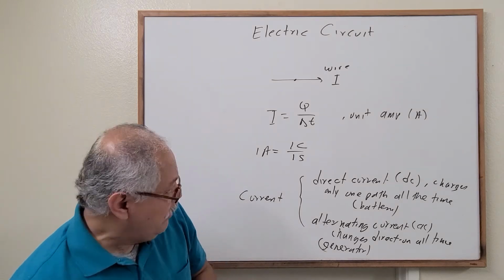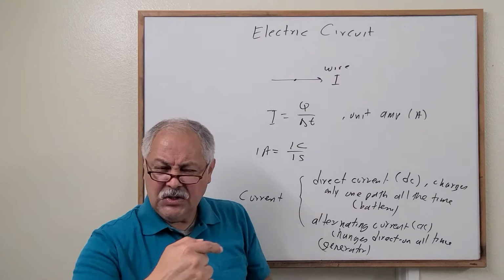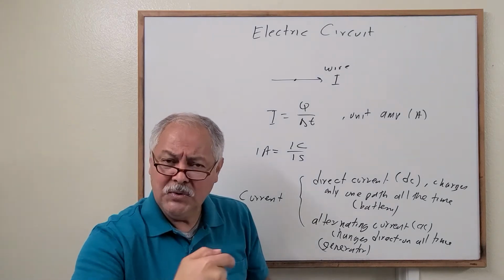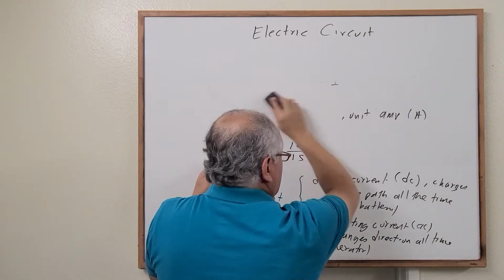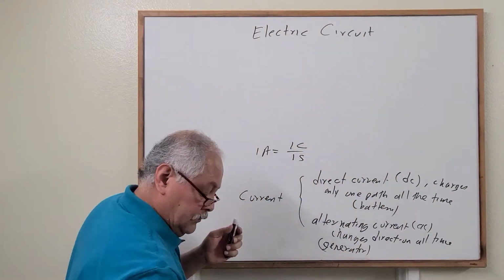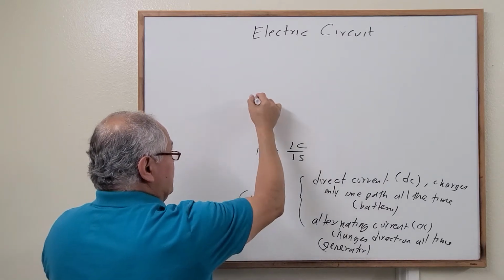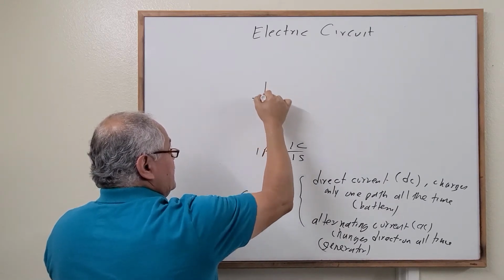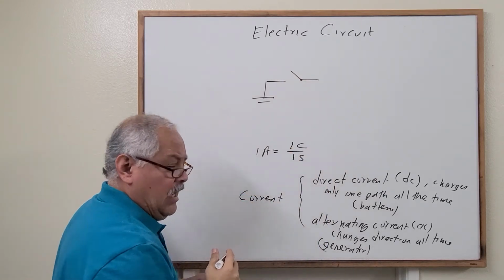Great. Now, when we're dealing with a circuit, it means actually a circle, how to create circles with some elements. So we have, for example, in direct current, using the battery. This is the symbol for battery. And imagine we have a switch right here. And imagine that we have a light bulb.